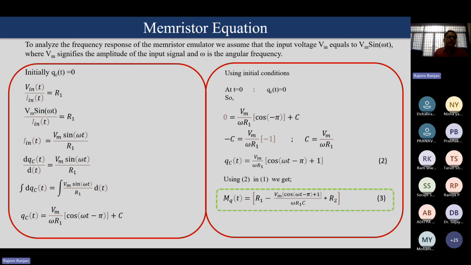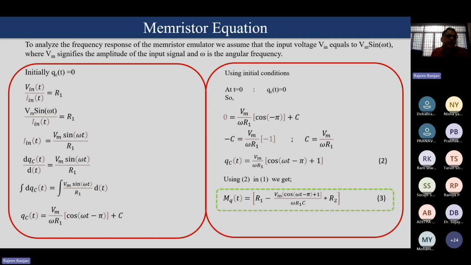Now to analyze the frequency response of the Memristor emulator, we assume the input voltage V_in equals Vm sine omega t, where Vm signifies the amplitude of the input signal and omega is the angular frequency. Initially the charge is 0.